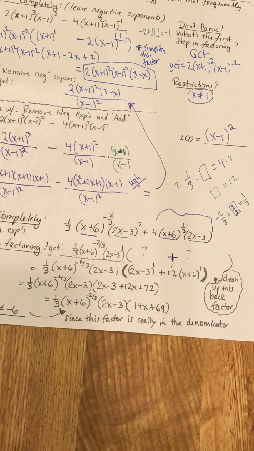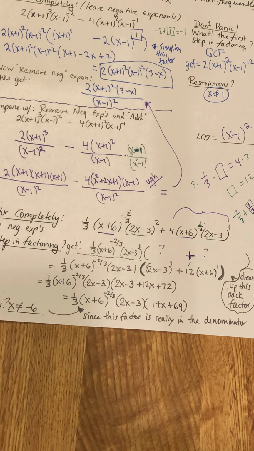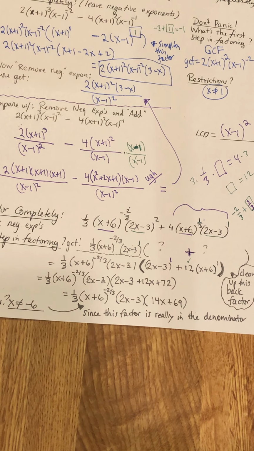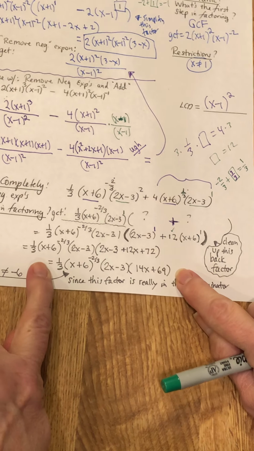Notice the back factor has no fractions, and that was my intent by making 1/3 part of my GCF. It seemed a little strange thing to do, but the only fraction in this whole problem now is that 1/3 out in front. I distribute the 12, I combine my like terms, and there it is in factored form.